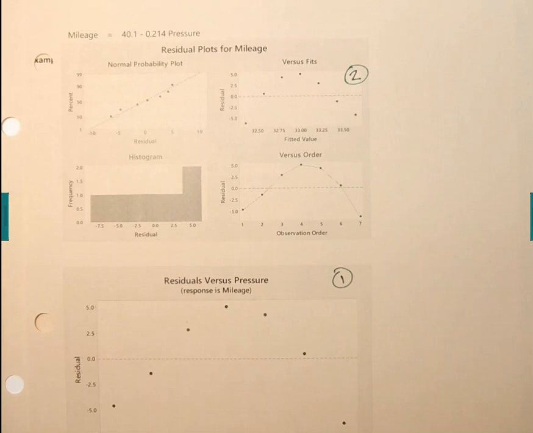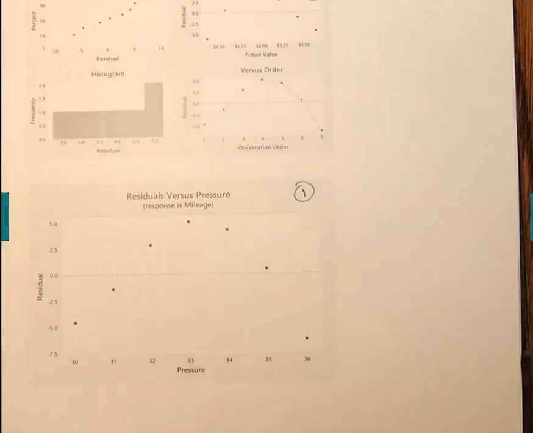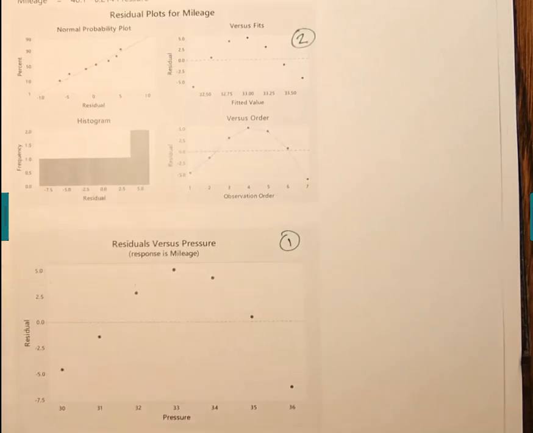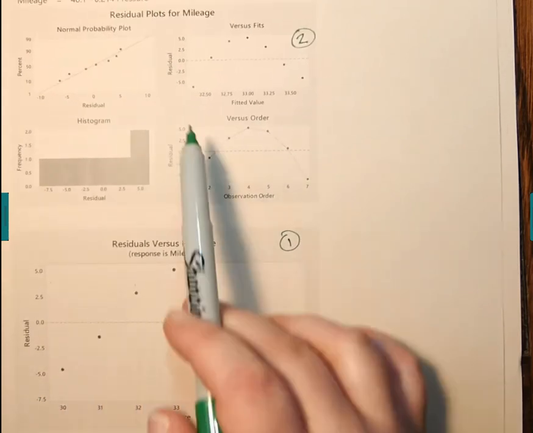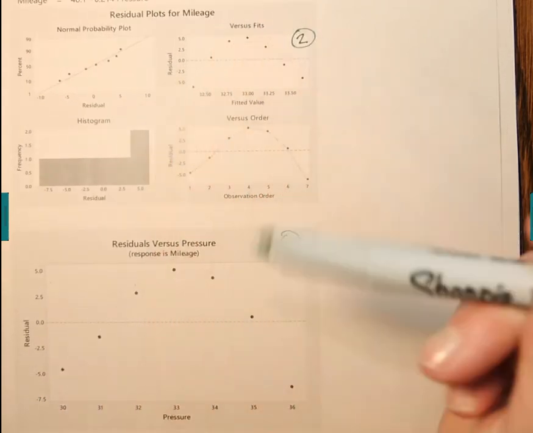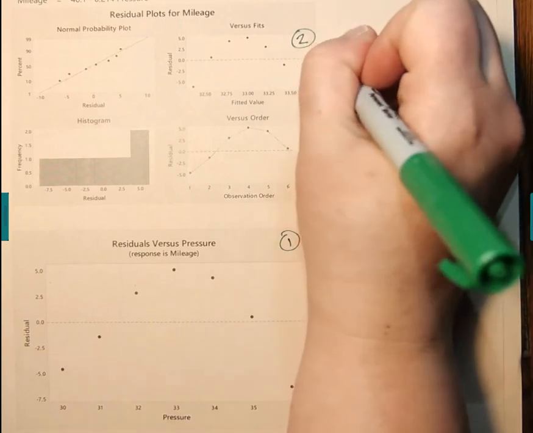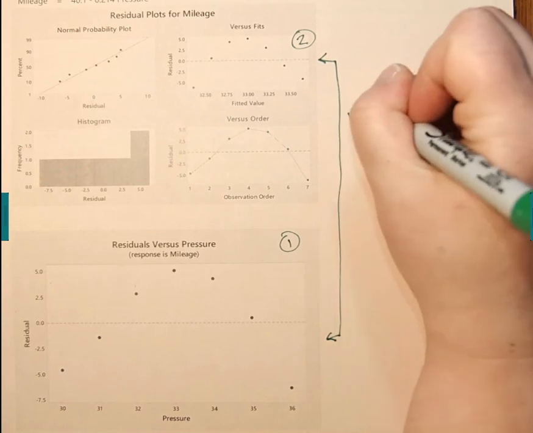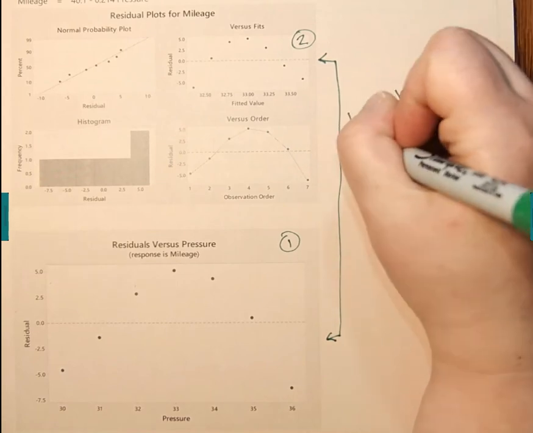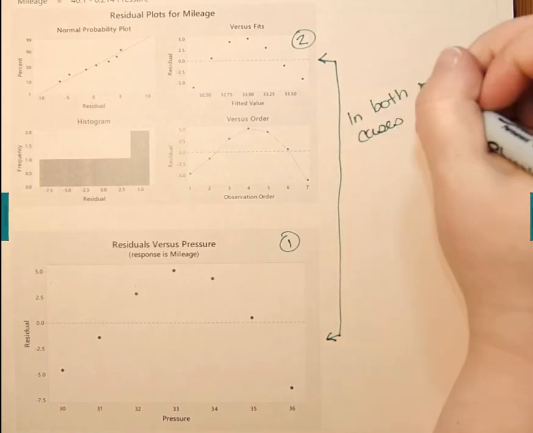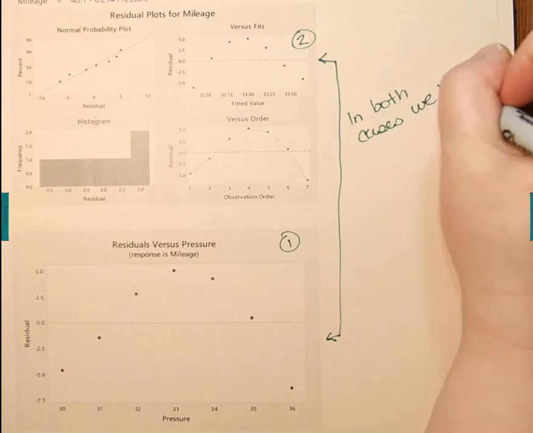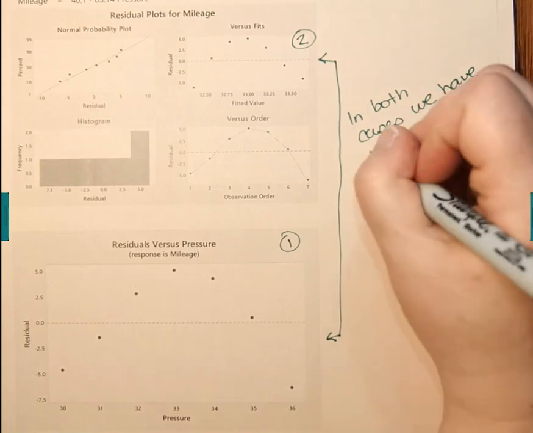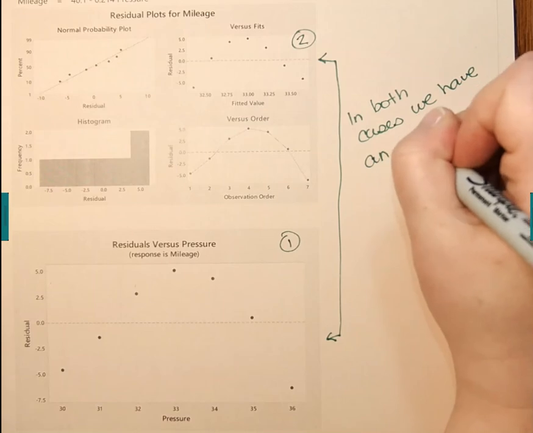All right, so we're looking for any kind of pattern or obvious trends. Notice in both of these plots, we see a pattern and an obvious trend. We go up and then we go down. So in both cases, we have an obvious trend.